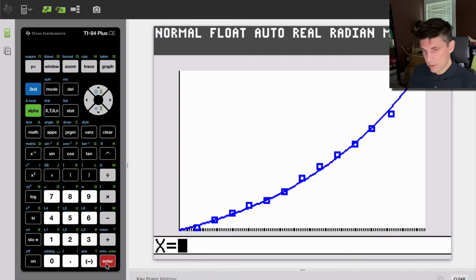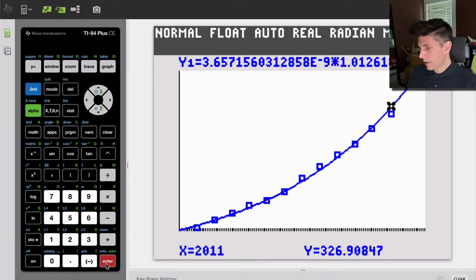So we would plug in 2011, and it's going to give us the corresponding Y value that goes with that, which is 326.9. Okay, so that's cool. It's definitely not exactly what's on that graph, right? It's off by a little bit. That being said, we're going with an exponential model, so it's not going to be perfect. Again, it's going to try its best to fit those points that we gave it.